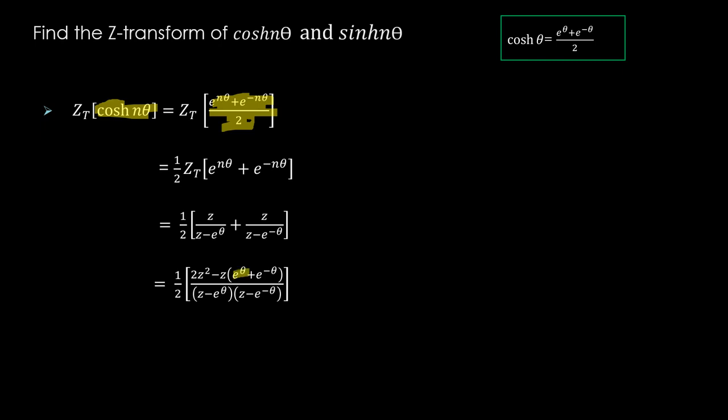Just note down, e power theta plus e power minus theta is 2 times cos hyperbolic theta. Similarly in the denominator, so that it will reduce to the form z into z minus cos hyperbolic theta divided by z square minus 2z cos hyperbolic theta plus 1.